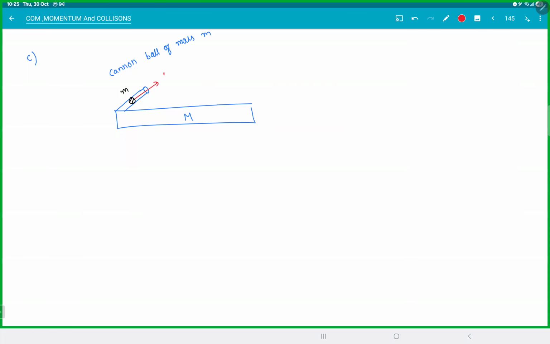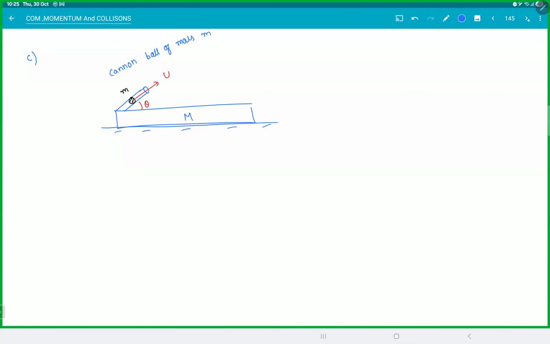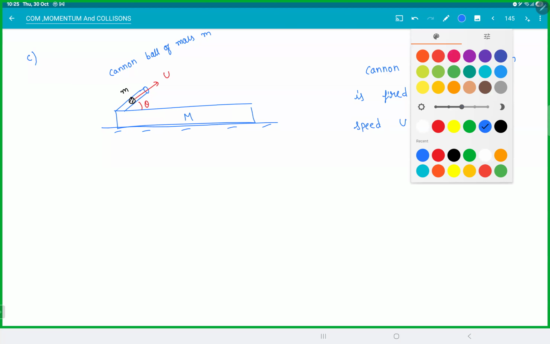This is fired with speed u at an angle theta, with speed u relative to the platform. They will say something like: is fired with muzzle speed u. They will use this terminology.